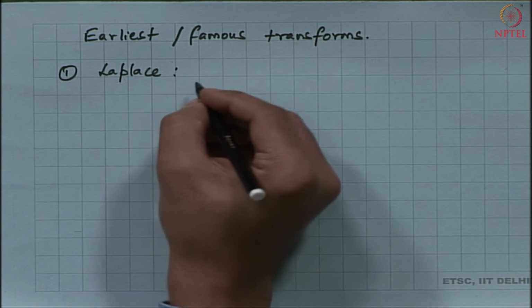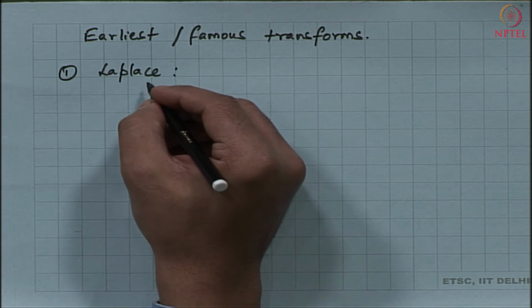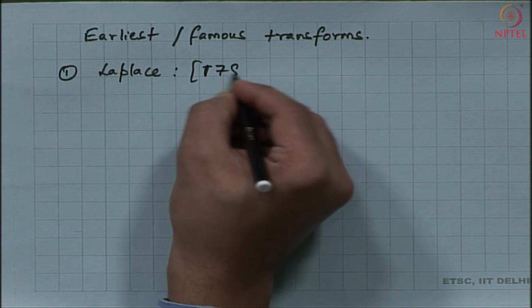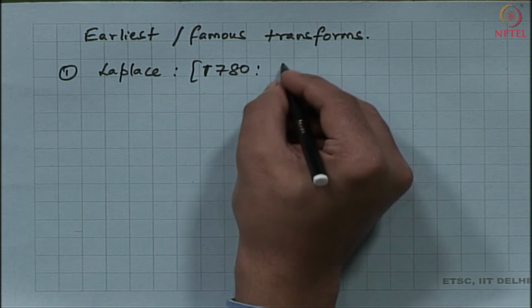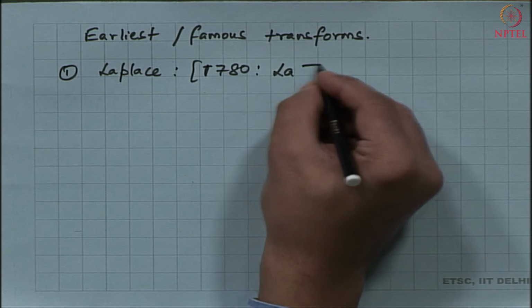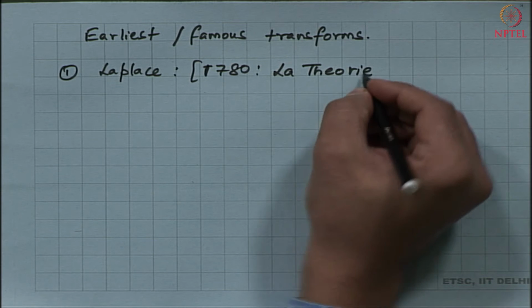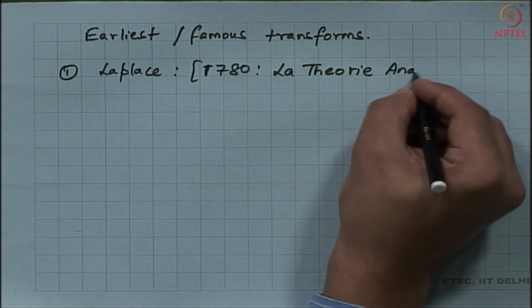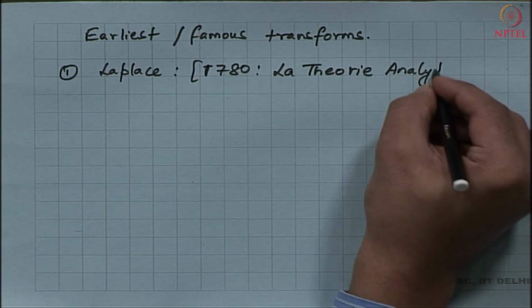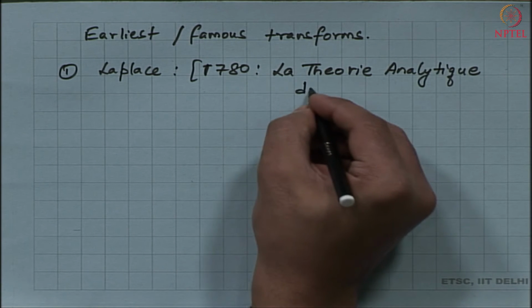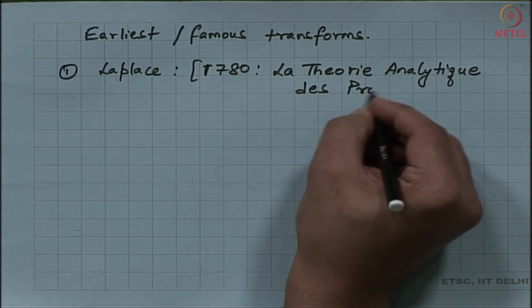The first mention of the transform was introduced by Laplace in 1780 in his book, and the name of the book, if people want to look it up online, is La Théorie Analytique des Probabilités. It is a book in French.